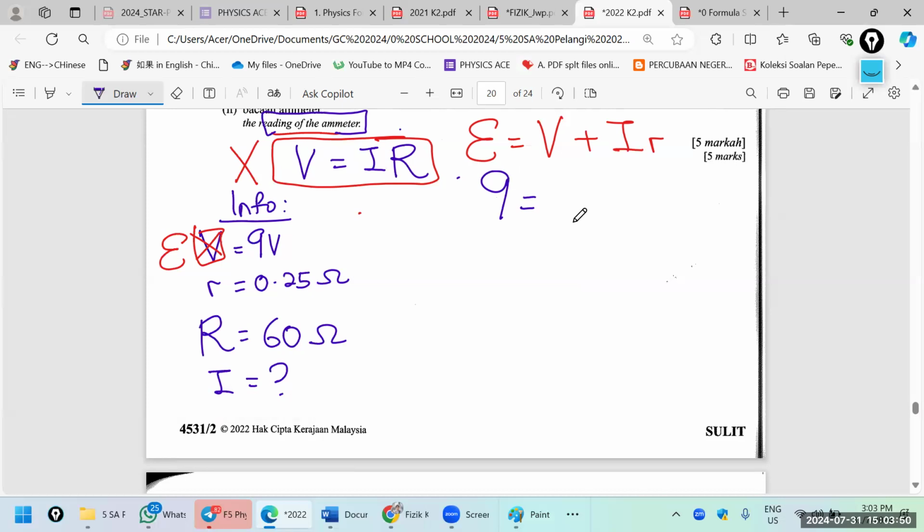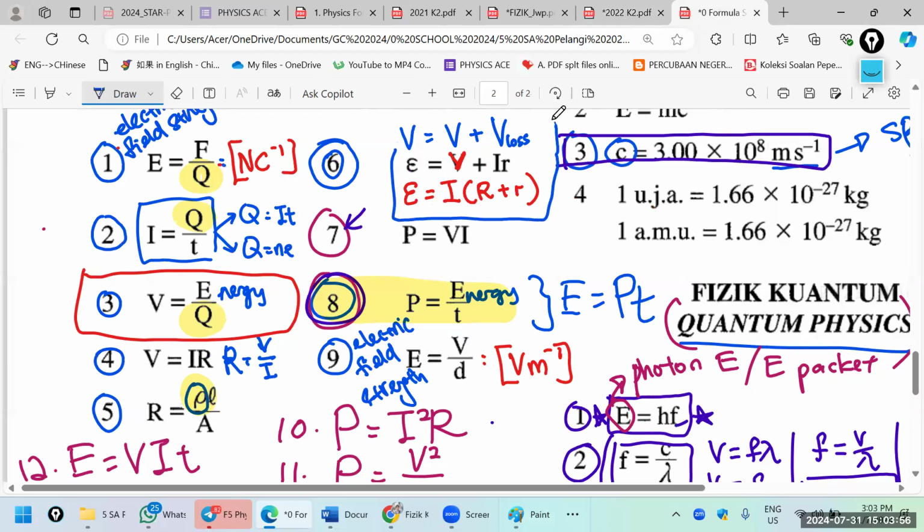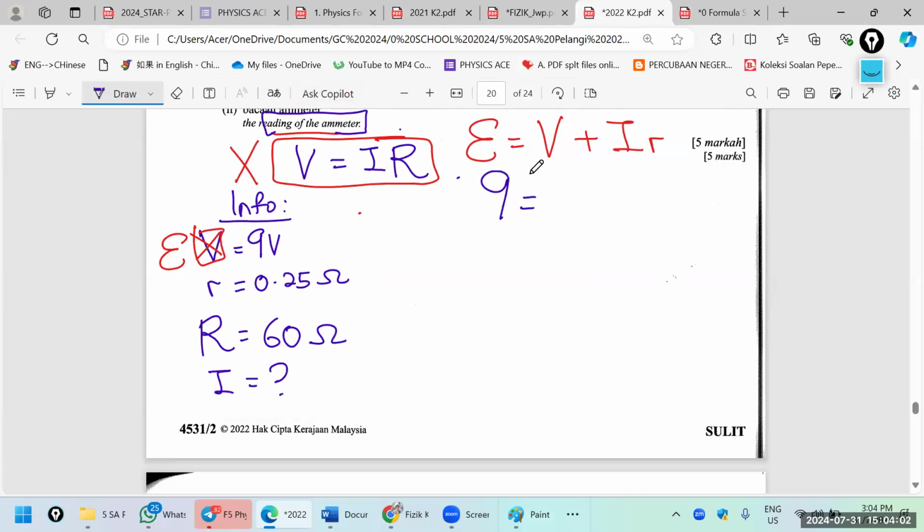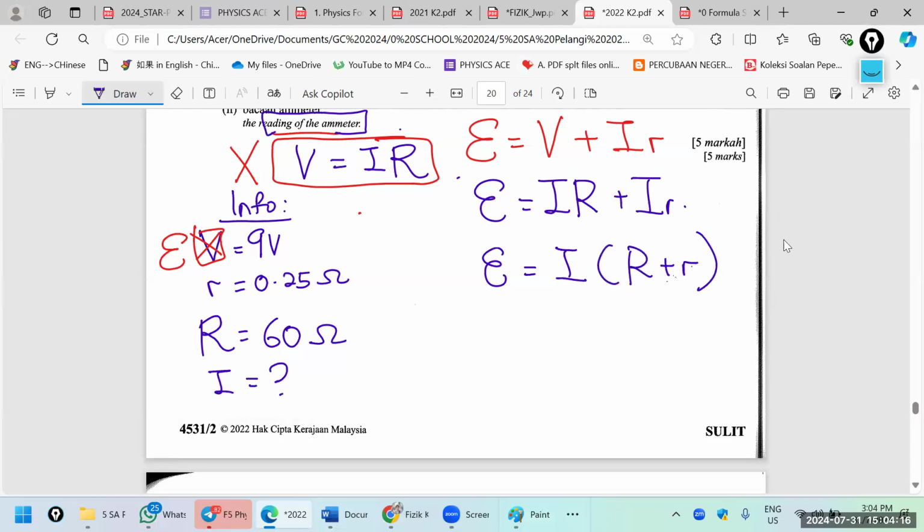Yes, you modify your formula first. Epsilon equals I capital R plus I small r. So epsilon equals I, open bracket, R plus r. Then we can substitute already. So 9 equals I times 60 plus 0.25.